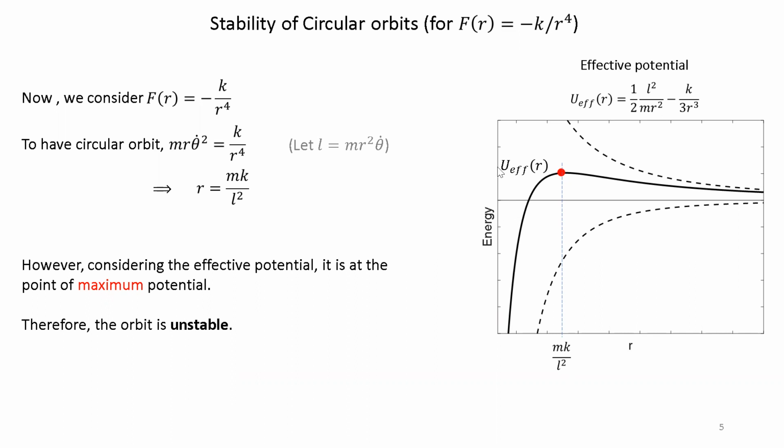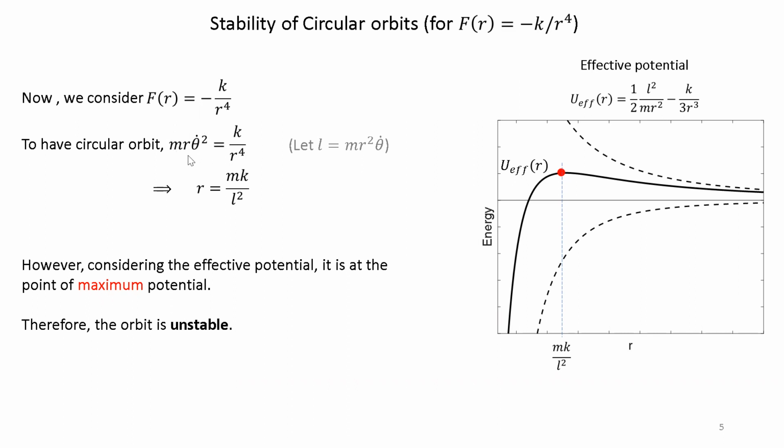Again, I give you an initial angular momentum L, and from there you tell me what is the radius of that circular orbit. That again is easy. The equation of motion is that the centripetal force equals the central force, so that's what you have over here.